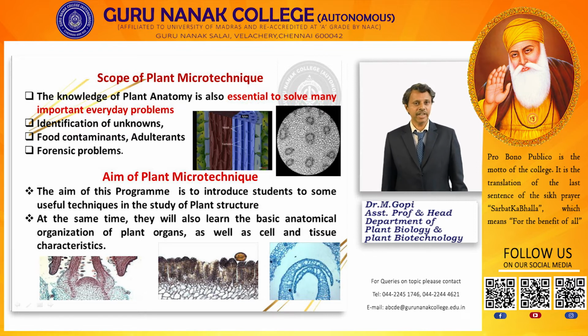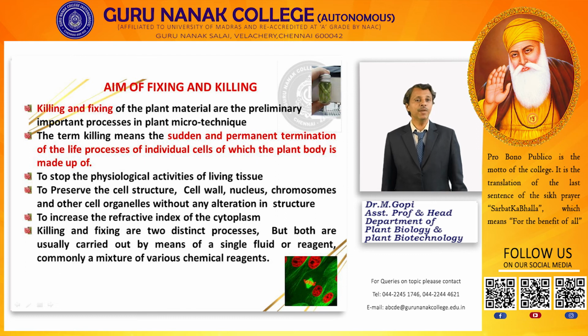Killing or fixing of the plant materials is a preliminary and important process in plant microtechnique. The term killing means the sudden and permanent termination of the life process of the individual cells of which the plant body is made up, to stop the physiological activity of living things, to preserve the cell structure, cell wall, nucleus, chromosome and other cell organelles without any alteration in structure, and to increase the refractive index of the cytoplasm for microscopic studies.